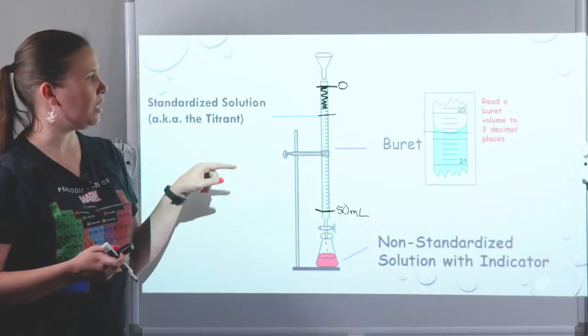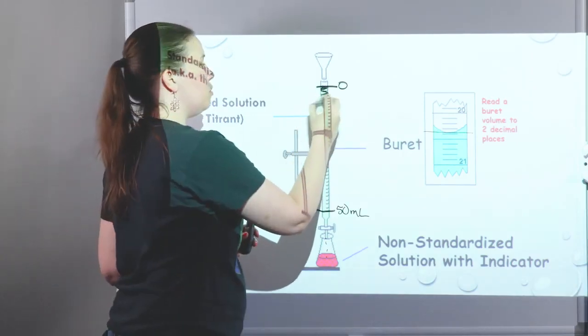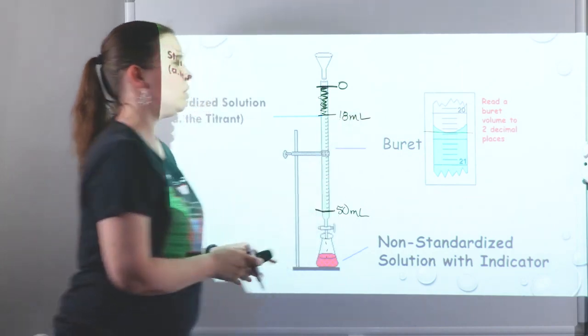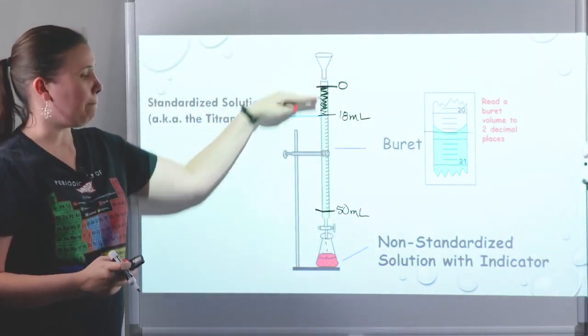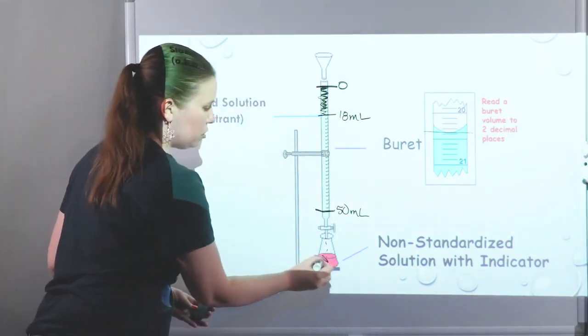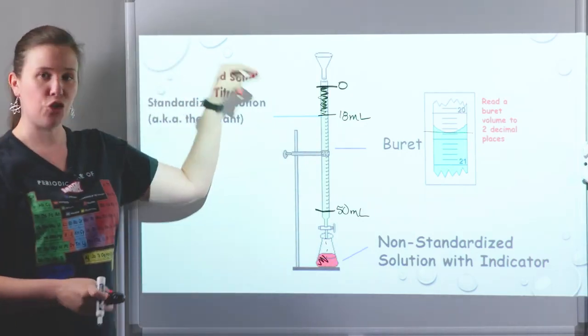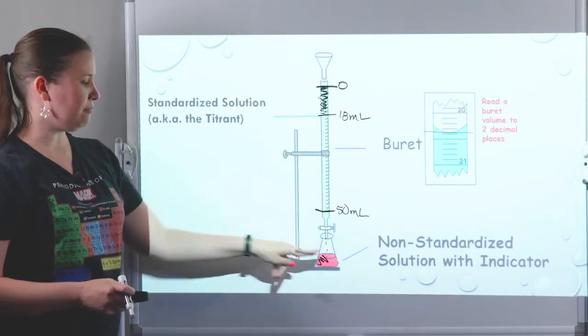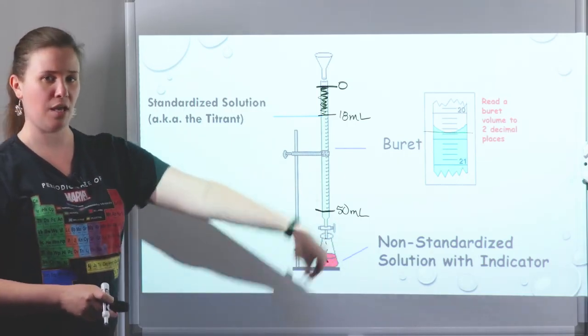The thing you've got to be really careful of is that your 0 is at the top. So if I go all the way down to 18 milliliter mark, that means that 18 milliliters of solution have transferred from the burette into the Erlenmeyer flask. That means that's the volume that's now reacting with the acid.